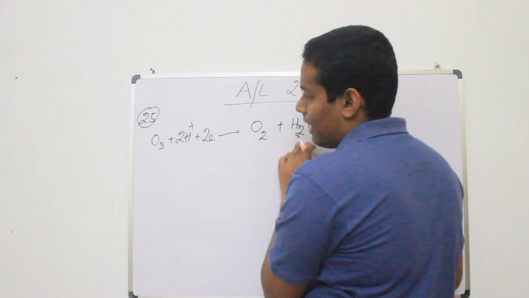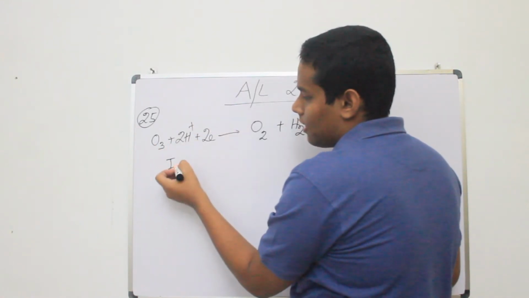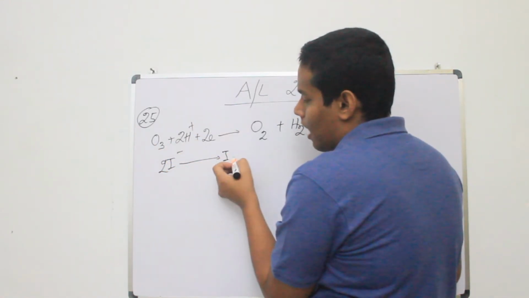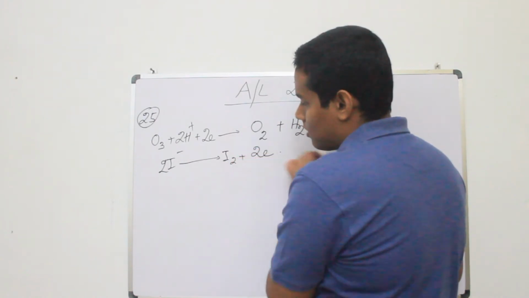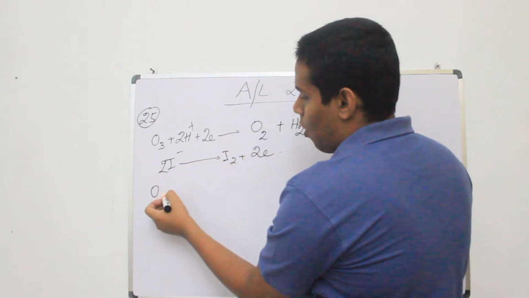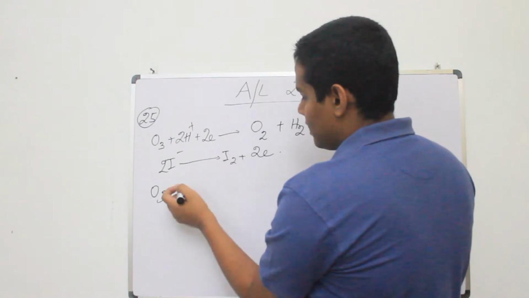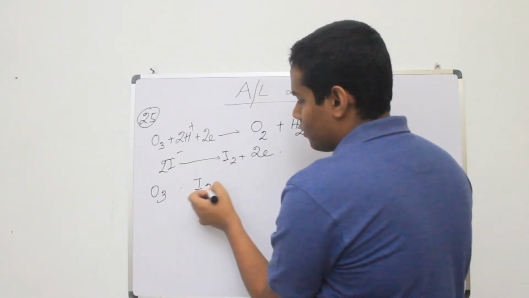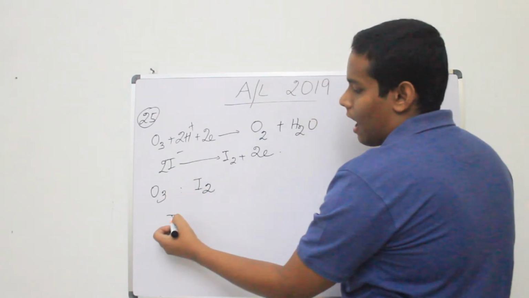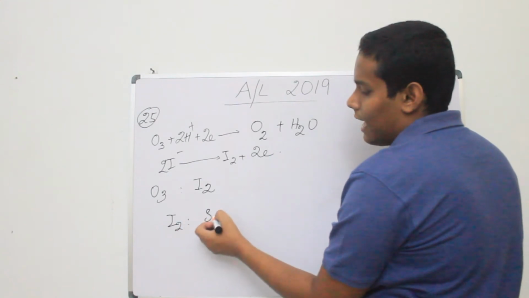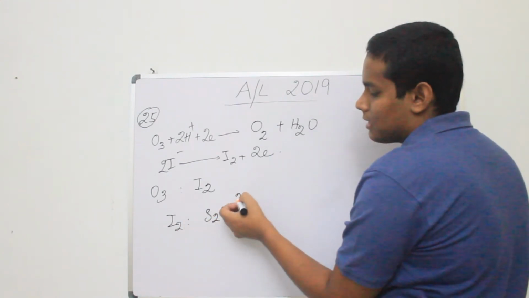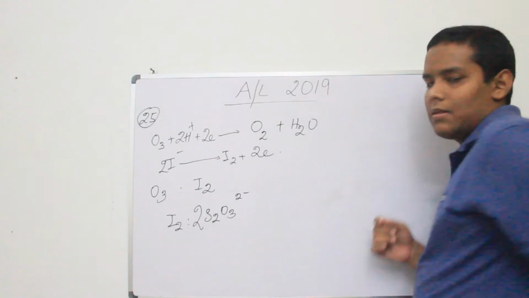That is the reduction reaction. Oxidation reaction: 2I minus gives I2 plus 2 electrons. So O3 to I2 is a 1:1 ratio. Easy. Then I2 to S2O3 2 minus is this.